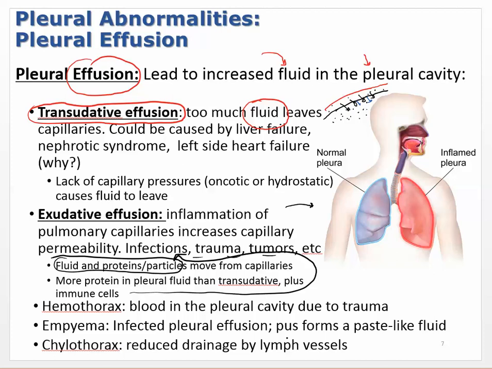Chylothorax: that's reduced drainage by lymph vessels. If fluid's moving into something, fluid's going to have to leave it, and lymph is always a good soldier when it comes to fluid leaving. But if it gets clogged, then that fluid remains in the pleural cavity.